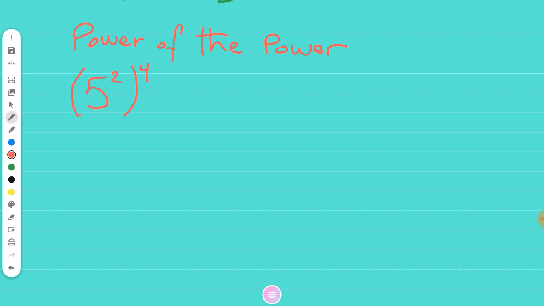We call this problem power of the power. In this case, what should we do? In case of power of the power, we multiply powers. It will become 5 to the power 2 times 4, which equals 5 to the power 8. Is it clear? So this is the fourth rule.